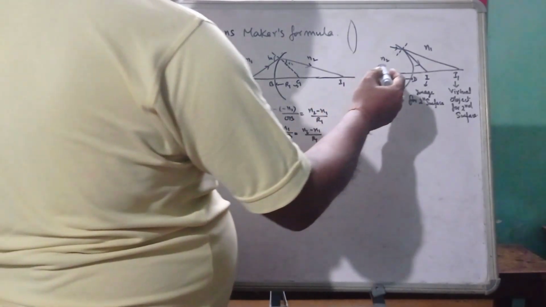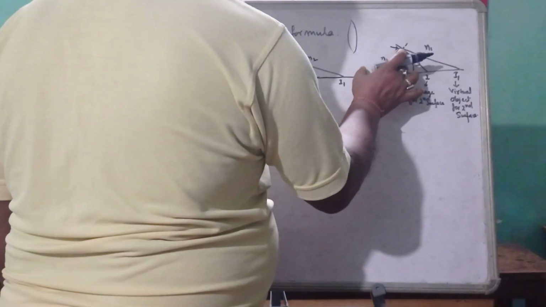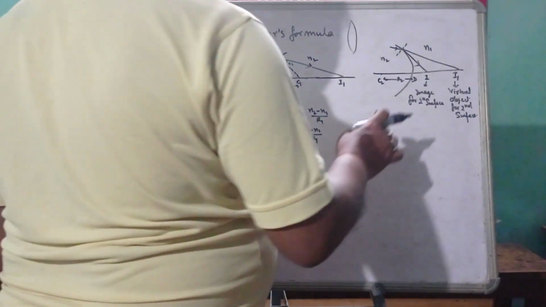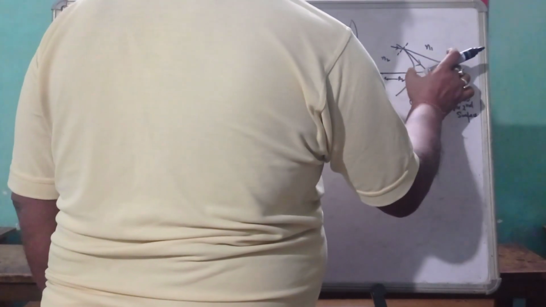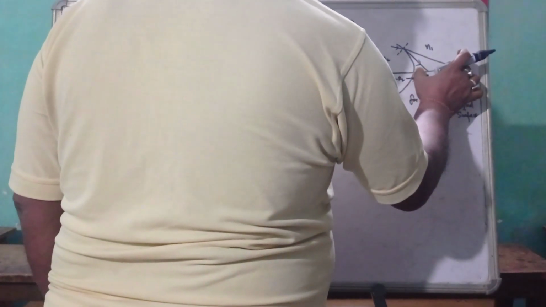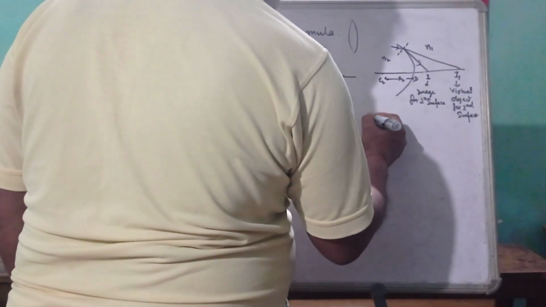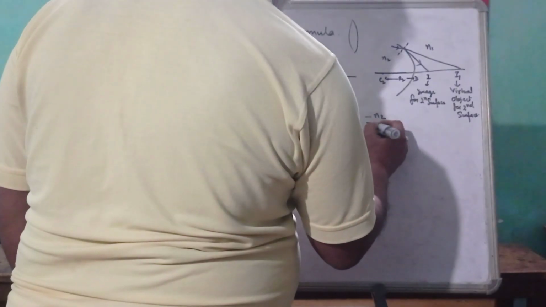I am going to place it here, because your object must be on this side. But we are giving the object, the virtual object, on this side, so automatically this becomes negative, minus N2 by di.